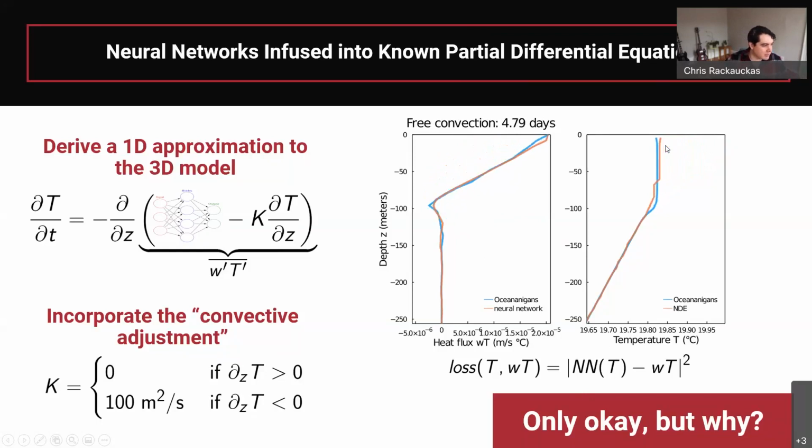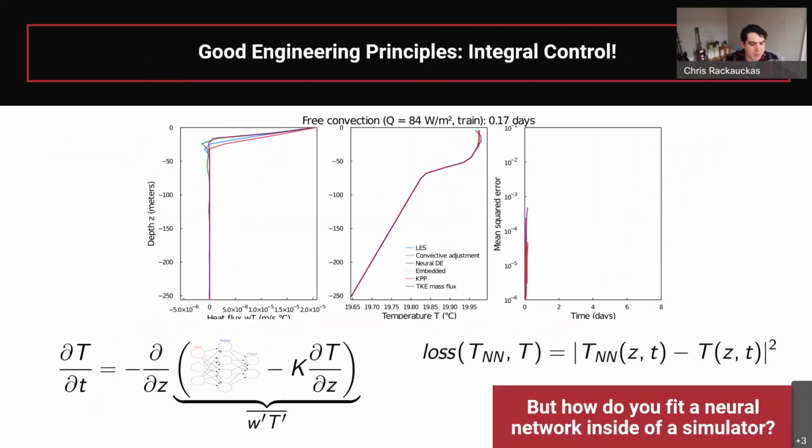And so, if I was talking to a control engineer, they would instantly say, well, you controlled the derivative. Of course you got drift over time. You have to control the integral if you don't want to have drift, right? And so what if we do that?